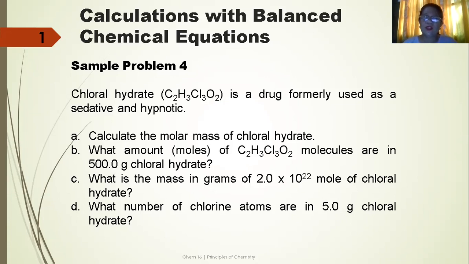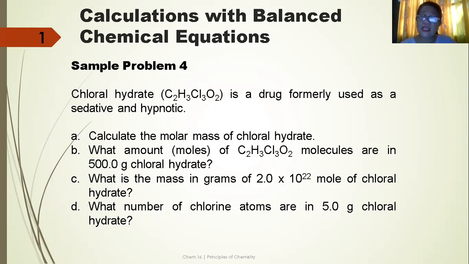Okay, so here we are. This is chloral hydrate, which has a formula of C2H3Cl3O2. Actually, this is used as a sedative or hypnotic drug. In A, we are going to solve for the molar mass of chloral hydrate. In B, we are going to get the number of moles if the given is 500 grams of chloral hydrate.